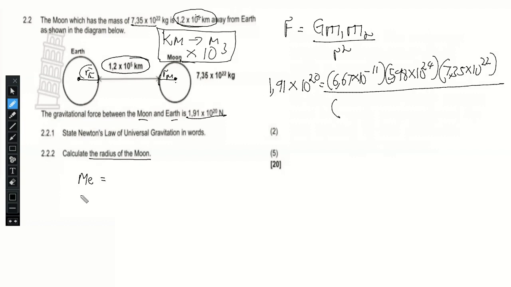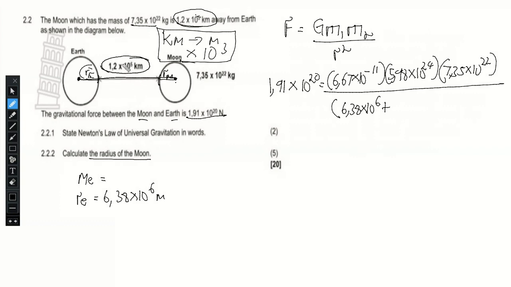So the radius of the Earth, again, this is a constant that is given on your data sheet. It is always given as 6.38 times 10 to the exponent of 6 meters. So we're just going to substitute it here, 6.38 times 10 to the exponent of 6. And then let's add, remember, this is the whole distance we are looking for.